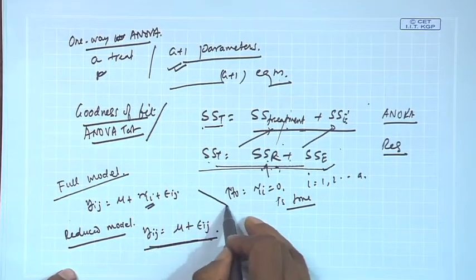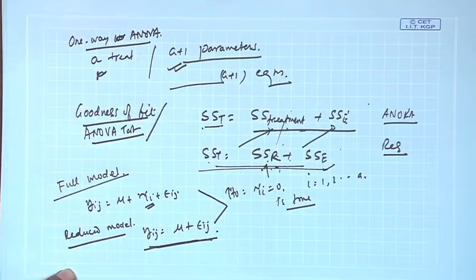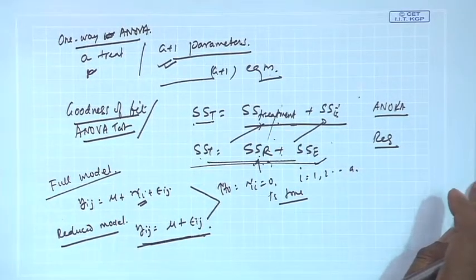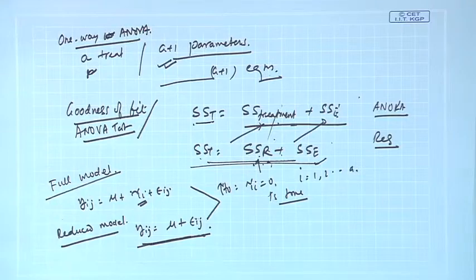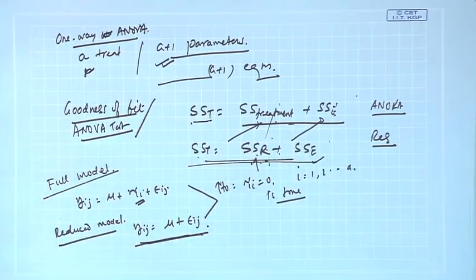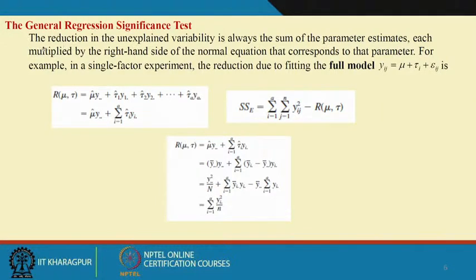So, we use these two and then we apply certain rules to find out the sum of squares for total, sum of squares for error, and sum of squares for treatment or regression. Let us see what this rule is. The rule is that the reduction in the unexplained variability is always the sum of the parameter estimates, each multiplied by the right hand side of the normal equation that corresponds to that parameter.